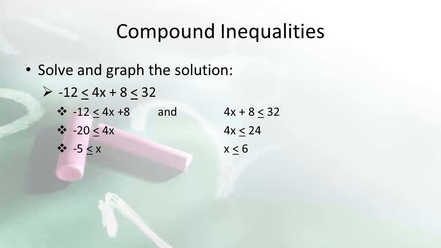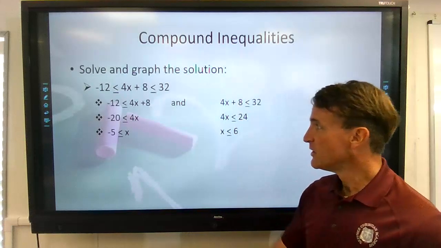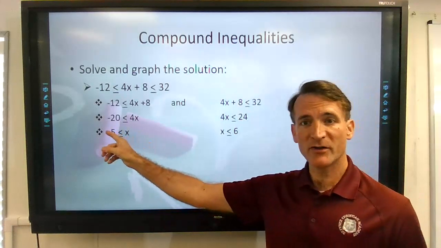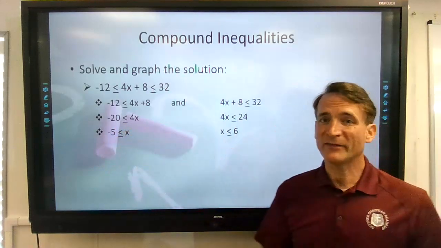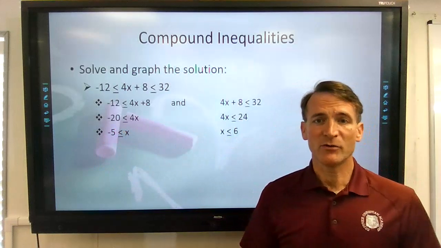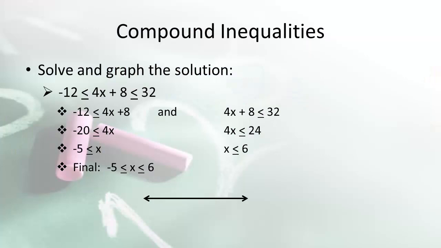So I need values that are true for both situations. So I need values of x that are greater than or equal to negative 5, and also at the same time less than or equal to a positive 6. So drawing out my number line, I'm going to go ahead and graph a negative 5, graph a 6.